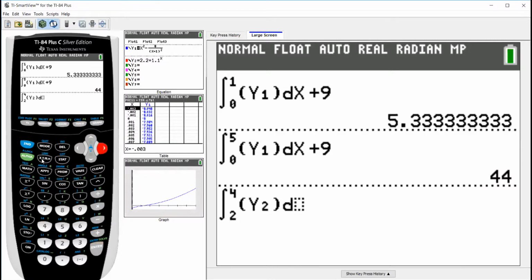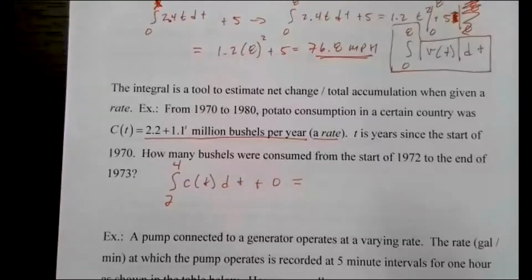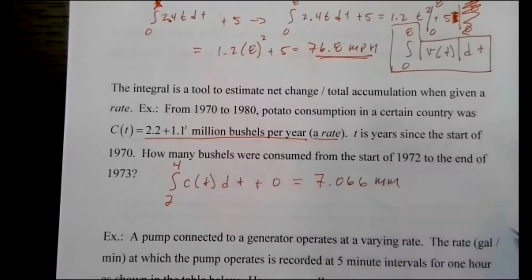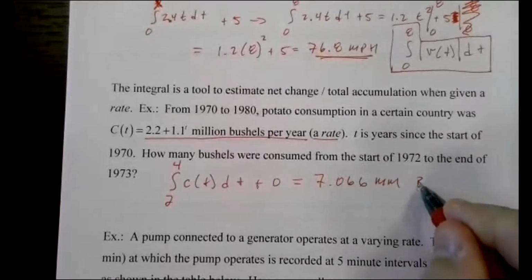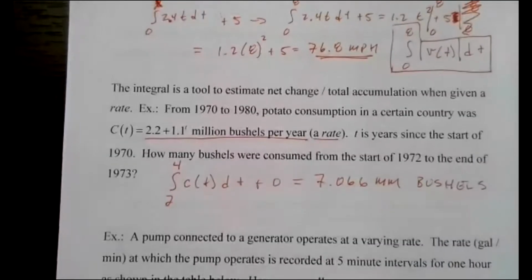Don't need anything at the end. We should get 7.066 million bushels. That's million, 2 M's. Love using words like bushels.